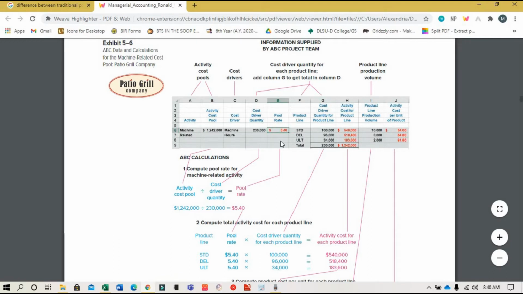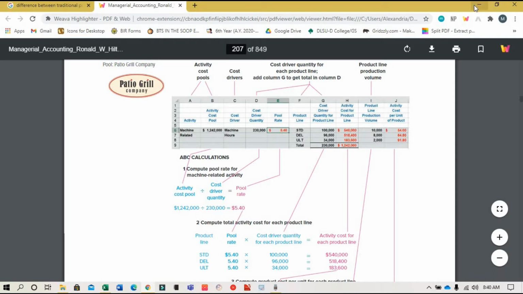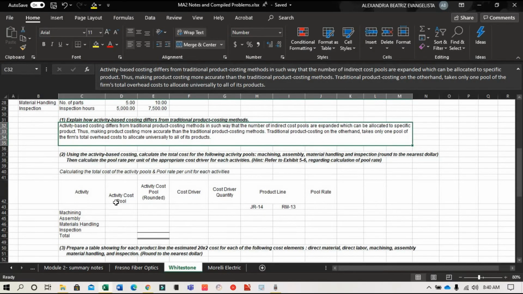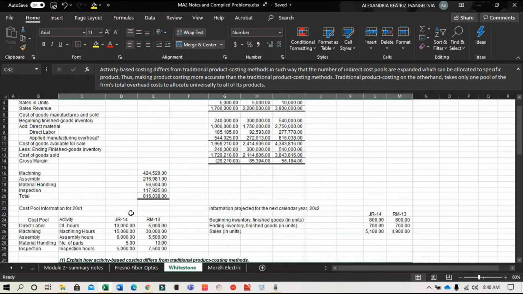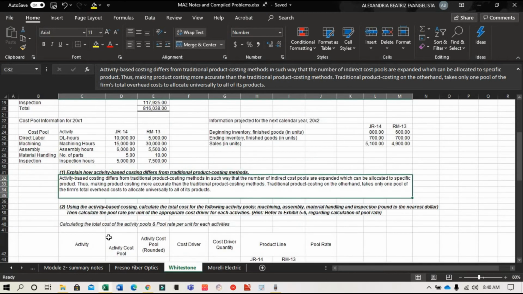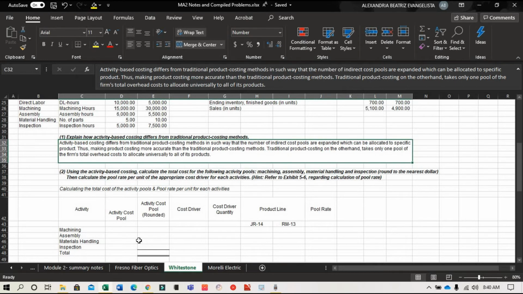If we apply that to our problem, I've already made a table for that. First, let's calculate the total activity cost pools. Since what we have right here is the cost pool for 20X1, here in number 2 we are going to calculate the activity cost pool for 20X2. How do we do that?